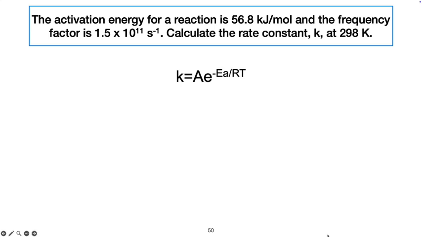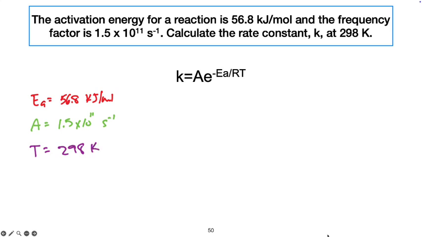Everybody's favorite. EA equals 56.8 kilojoules per mole. Our A is 1.5 times 10 to the 11th per second. T equals 298 Kelvin.